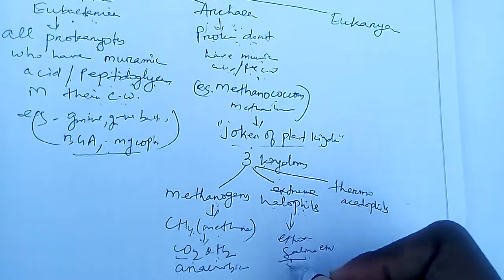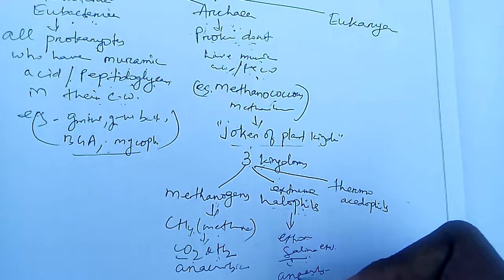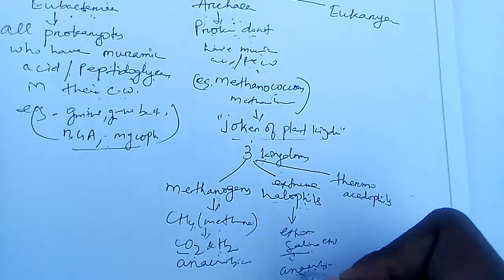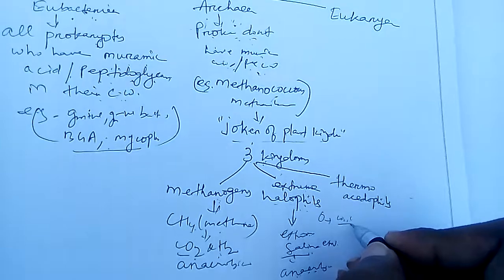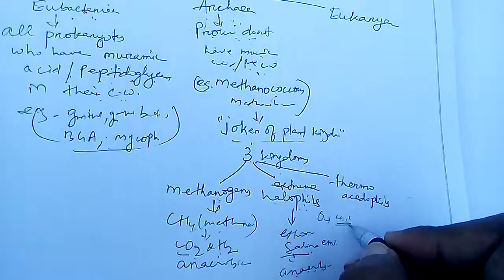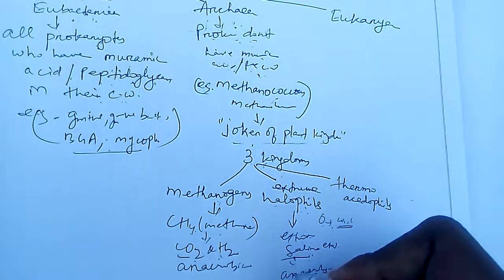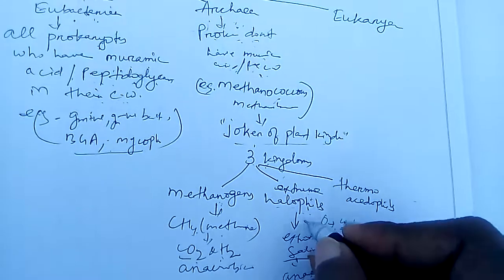They are also anaerobic bacteria. Anaerobic means for their respiration oxygen is not required. You know what is respiration? Breaking down of large molecules into small molecules like carbon dioxide and water is known as respiration. If oxygen is not required, then that type of respiration is called anaerobic respiration.